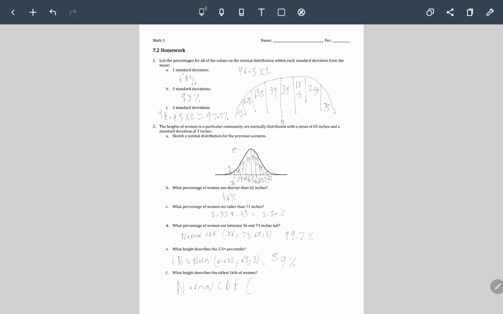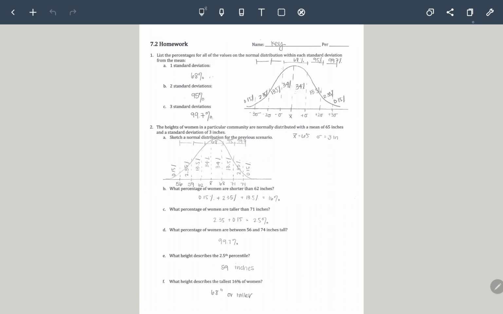So you have your lower bound, which is 0.16, and essentially what you have to do here is put your upper bound, which is 9999, and then your mean, which is 65, and then your standard deviation. Now you just plug this into a calculator, as I'm going to do right now.